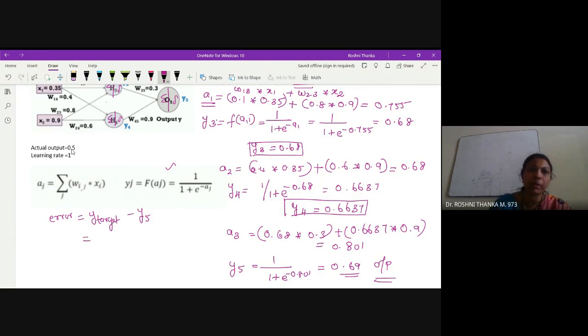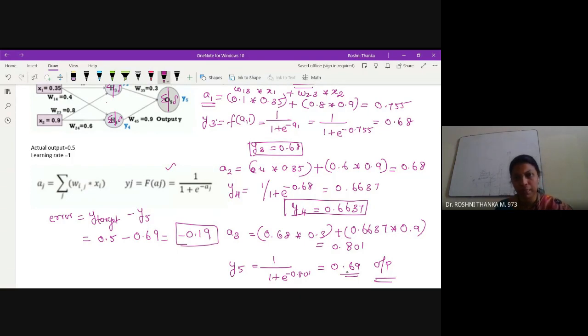The actual value given in the question is 0.5, so 0.5 minus the predicted value, that is y5, the output we get out of this perceptron, 0.69. When you find the difference, you will get minus 0.19. So this is the error value we get after we do the feed forward, or the forward pass.